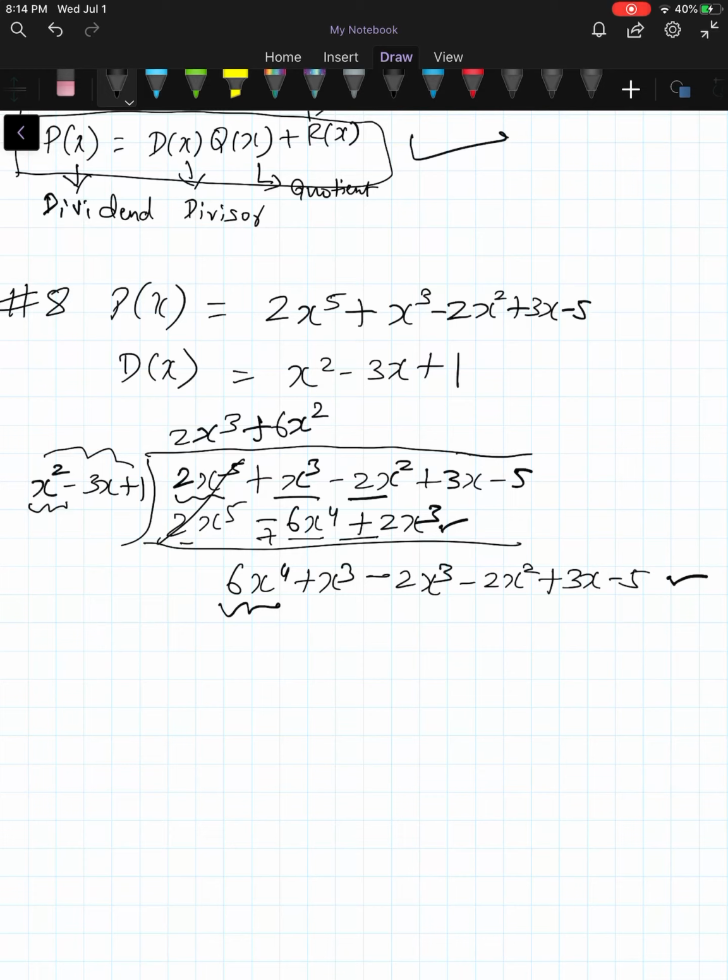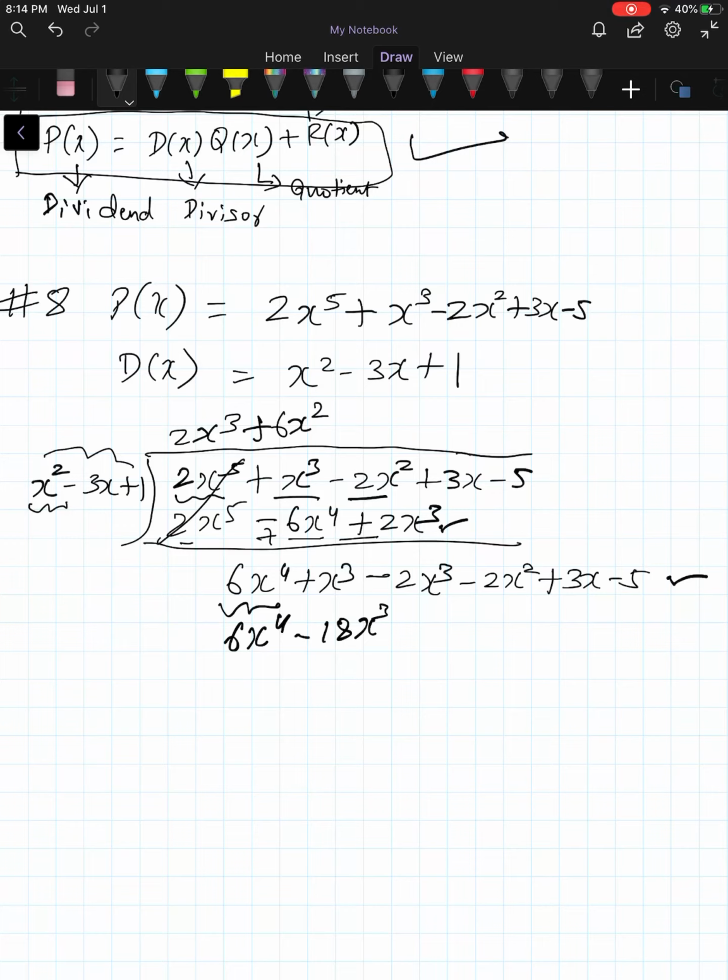We will be getting 6x square times x square, 6x to the power of 4, and negative 3x times 6x square will be negative 18x cube.